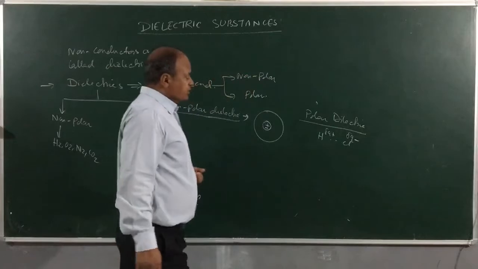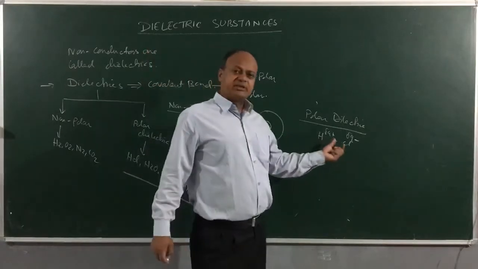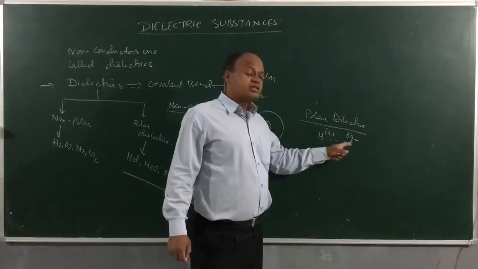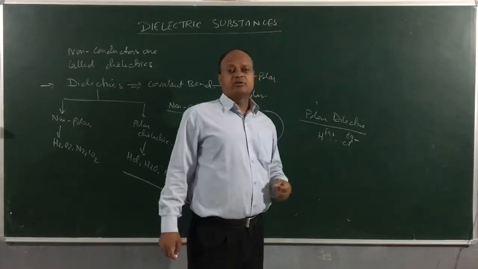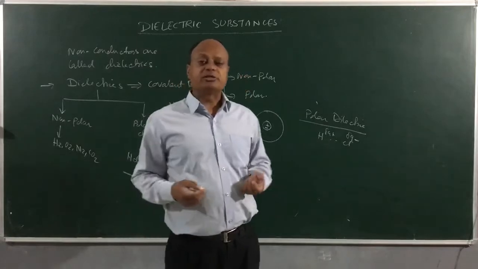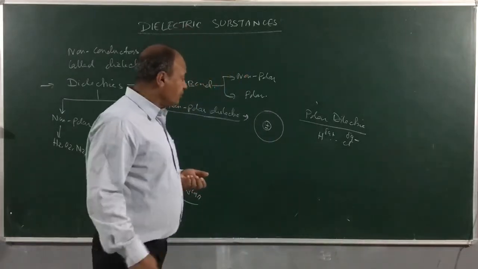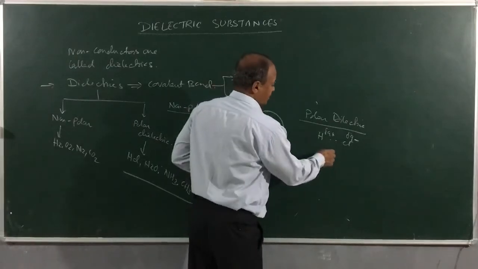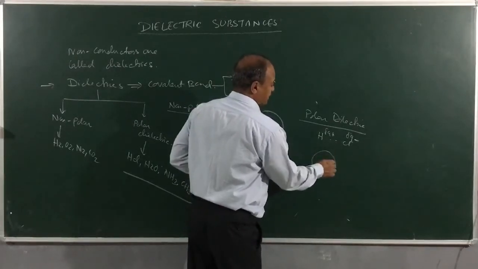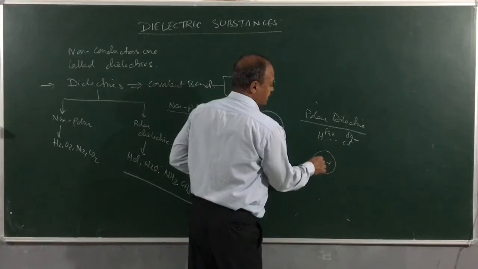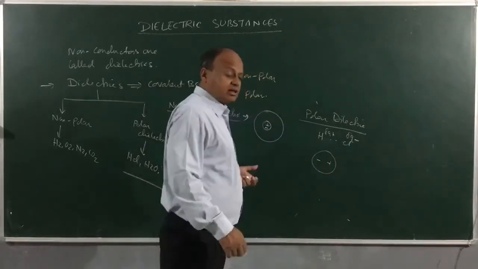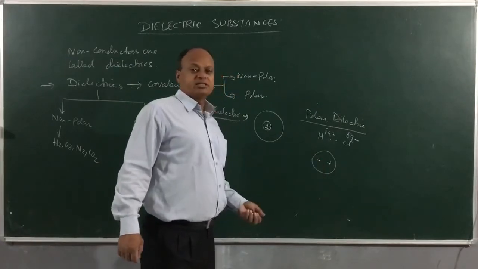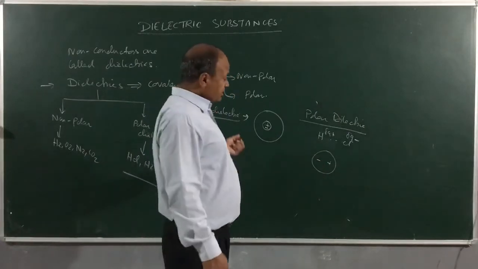Here also there are no free charges, but there is slight polarity because the shared pair of electrons will shift to the more electronegative of the two atoms forming the covalent bond. So if I depict this, you have positive charge this side and negative charge this side. In the non-polar case they are coincident, here they are separated by a small distance.